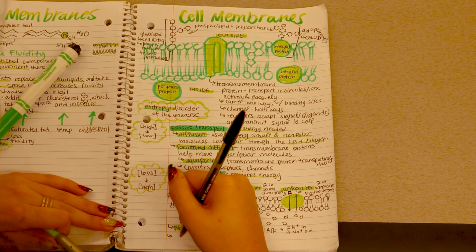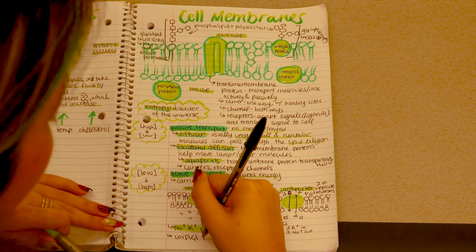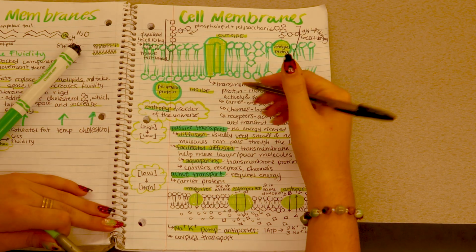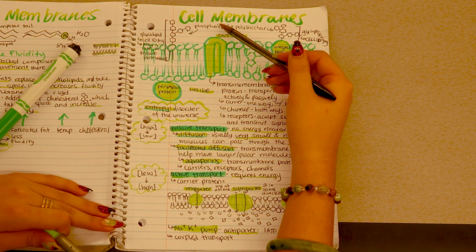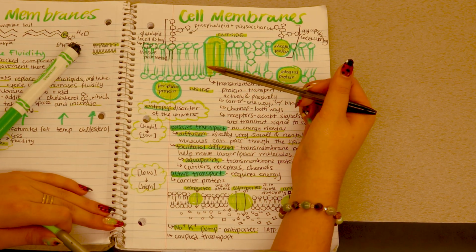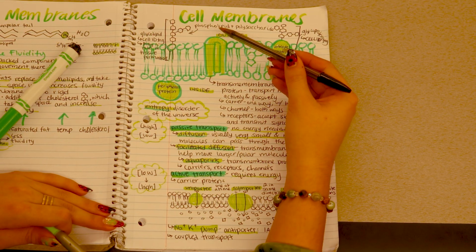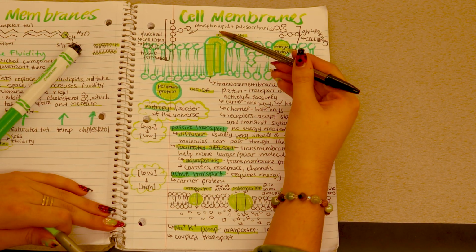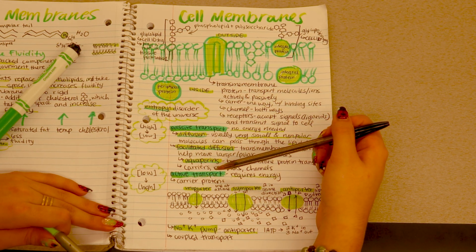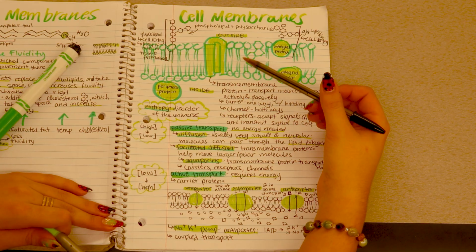But we could also have coupled transport. Remember how with passive transport, things go into the cell and that increases entropy? That's favorable, so it can be releasing energy. What we can do is use the energy released by letting something in down its concentration gradient to facilitate active transport and push something out that is against its concentration gradient.